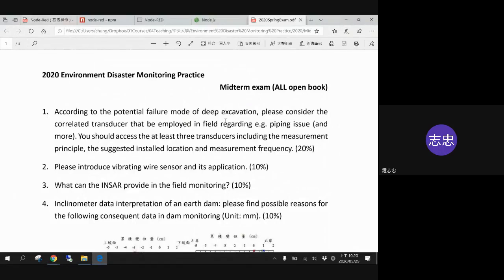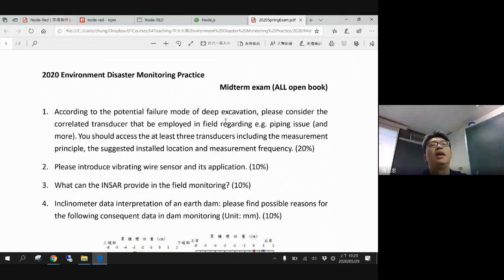So the first question is, please provide at least 3 sensors and the corresponding potential failure modes of the deep excavation. Maybe you all know that the lateral earth pressure is one of the failure modes. And the other one is what we call piping, based on very high water pressure.